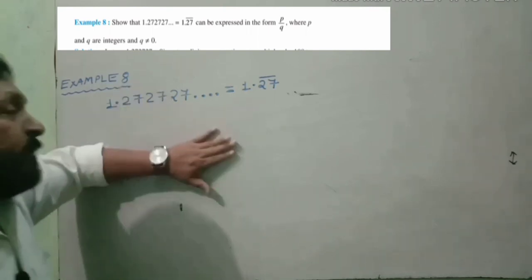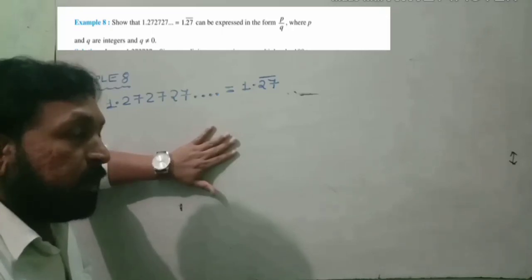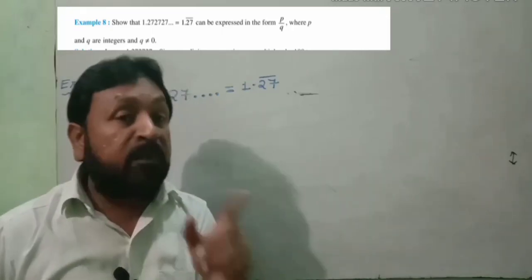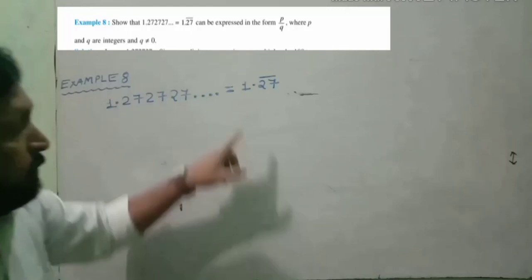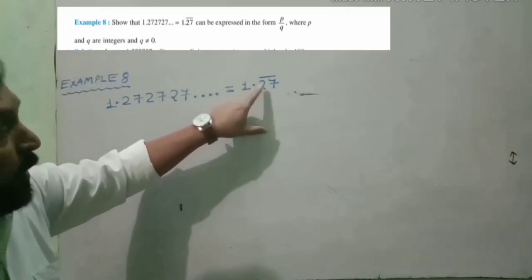Okay students, now see example 8 on the board. It says that 1.272727 dot dot dot, that is 1.27 bar, can be expressed in the form p upon q, where p and q are integers and q is not equal to 0. It means we have to again express it in the form p upon q. It will follow the same steps. Step number 1: this is a bar thing, 1.27 bar.